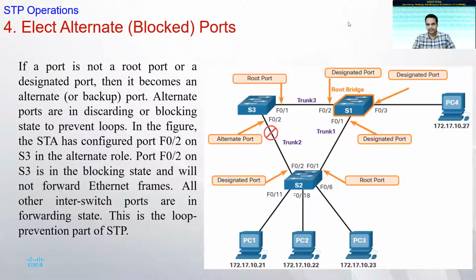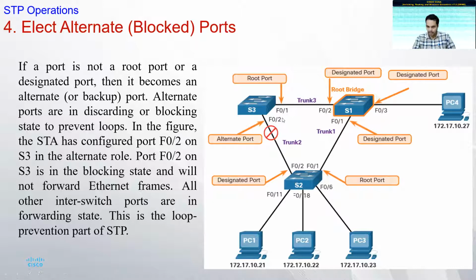In the earlier example, I told you that for S1, S2, F0/1 will become a root port, and for S3, F0/1 will become a root port. What about this port on S3, F0/2? It is neither designated nor a root port. In that case, we will mark it as an alternate port and we will put it into a logical blocking state. So STP has configured the F0/2 port on S3 in the alternate role.